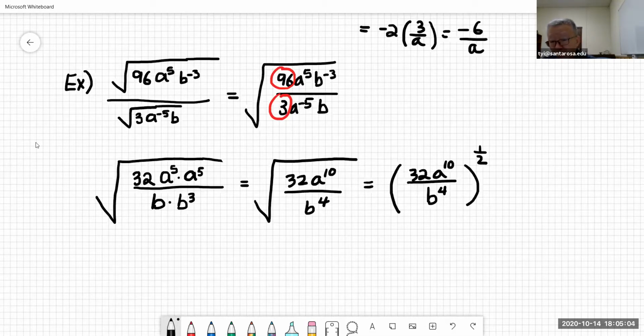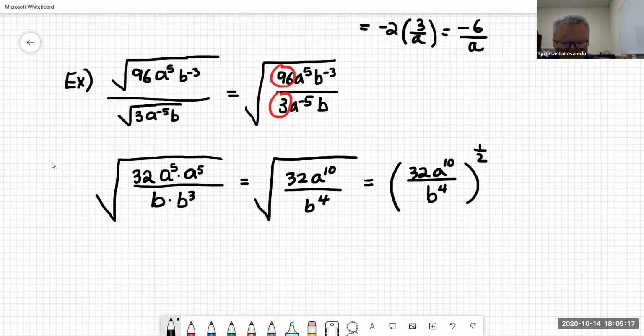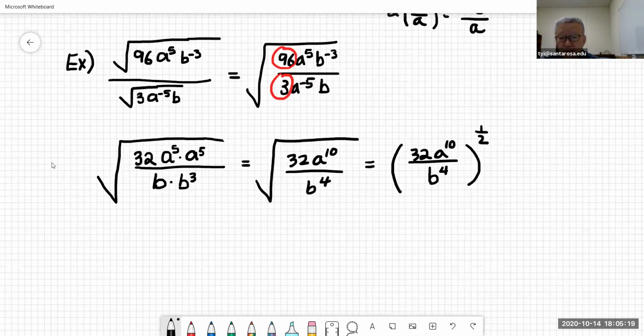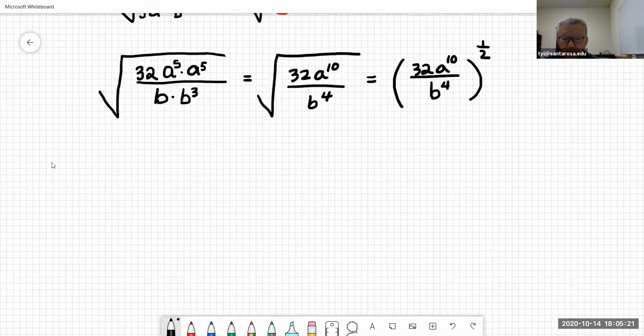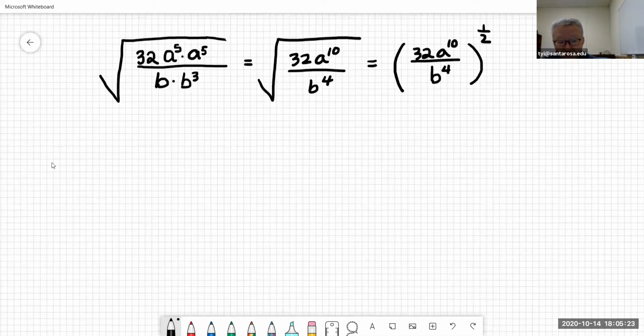Over here, if you want to use rational exponents, you're just going to have to apply this 1/2 to everything inside. Okay, all right. So what we're going to do now is I'm going to use the radical over here, and I'll show you both ways.